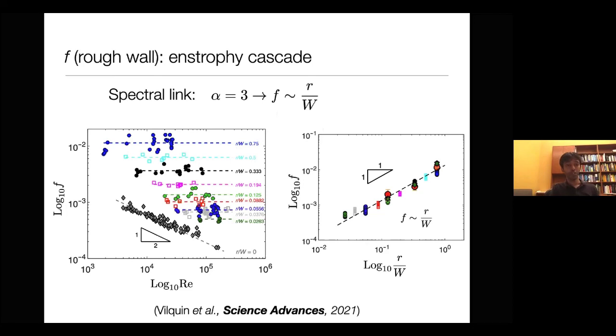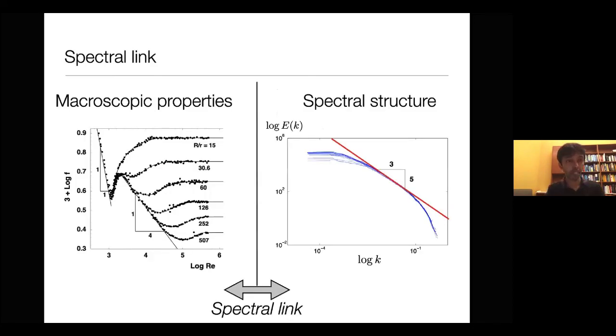Okay, so to summarize the different things that I said, the basic approach of the spectral link is this: if you take a typical textbook of turbulent flows, Pope or whatever, you'll see that there's a separate chapter devoted to macroscopic properties, things that engineers are interested in, like friction. Also, this is the famous Nikuradse curve that we discussed.